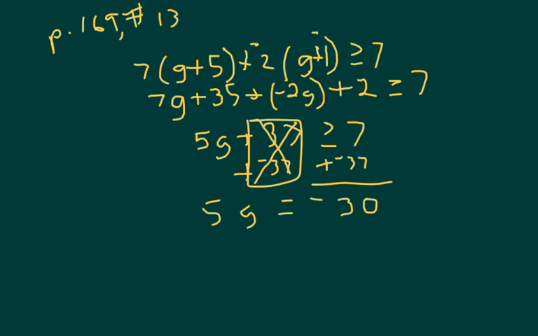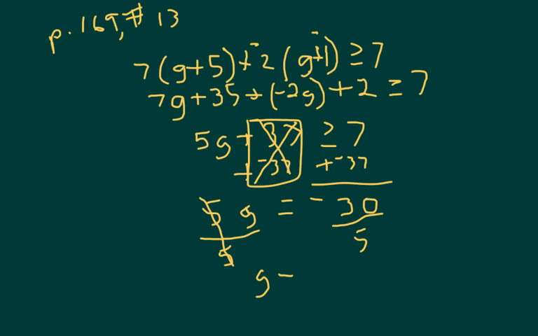How do you undo multiplying by 5? And the familiar division bar. That's 5. Divide by 5. Divide both sides by 5. That leaves you with g.